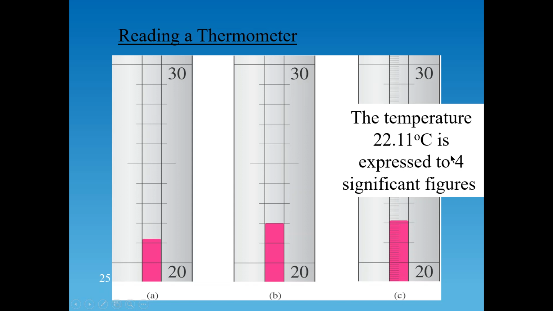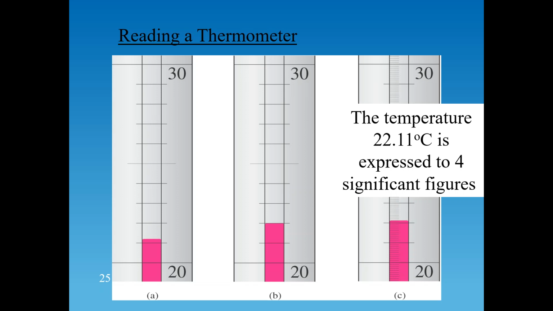So we have 4 significant figures. This shows you that the scale on this thermometer gives you a greater level of precision in recording the temperature compared to the other 2, because of the smaller divisions between the unit degree divisions.